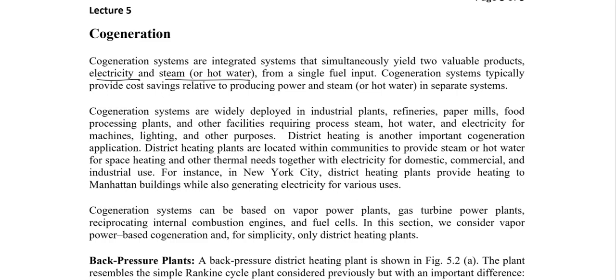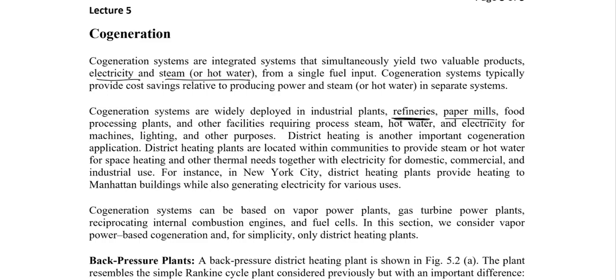Cogeneration systems are widely deployed in industrial plants like refineries, where you need steam for certain purposes. Paper mills, yes, in a paper mill you need steam for the process. Food processing plants and other facilities requiring process steam, hot water, and electricity, machining, lighting, and other purposes.